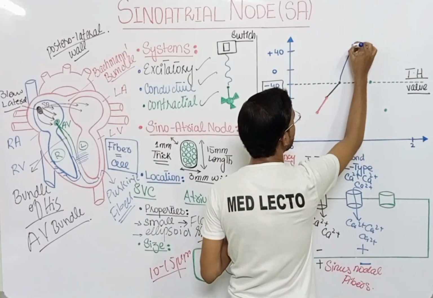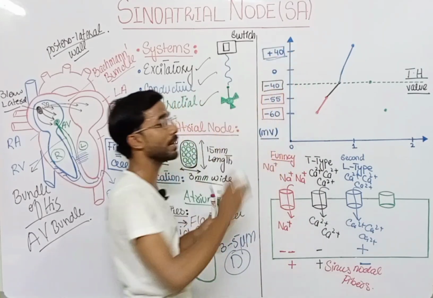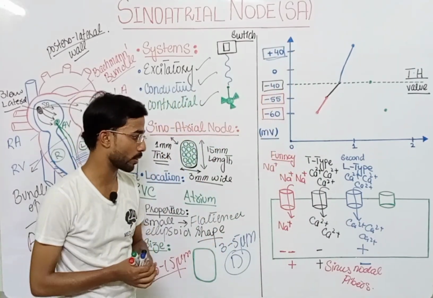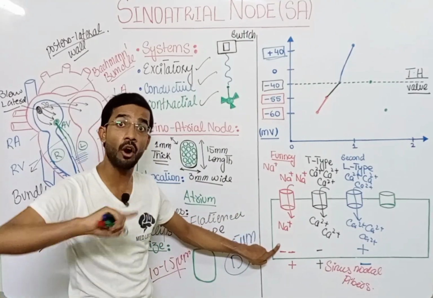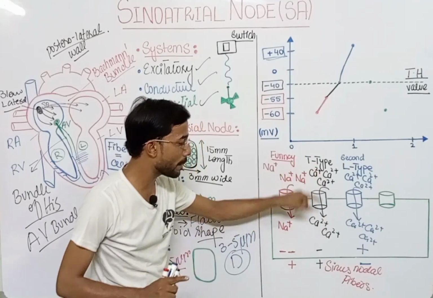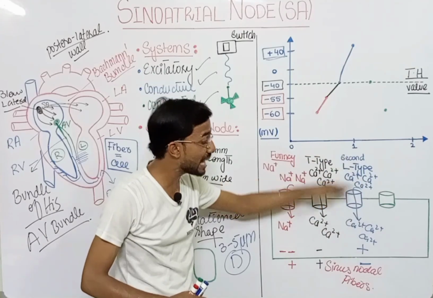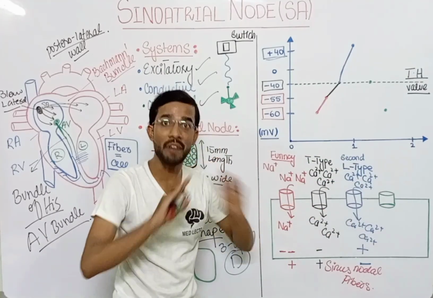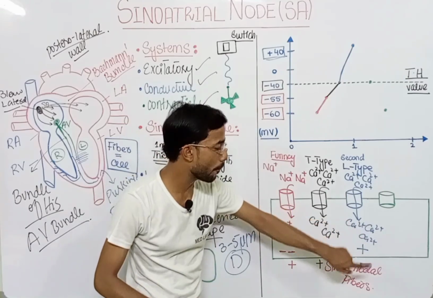The graph goes towards positivity, that is plus 40 millivolt. That's very important. At the starting, you see a lot of negativity inside the cell. After the T-type calcium opens, negativity becomes less, and after the opening of the L-type, negativity completely vanishes, and the cell inside becomes positive compared to the outside.